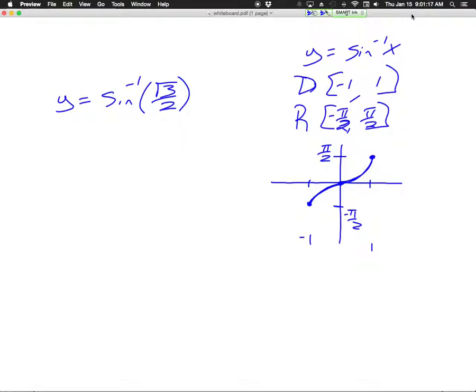What are we going to look for? We're going to look for sine, and we're going to look for square root of 3 over 2, and we're going to figure out what angle matches those two. So what angle matches it? Pi over 3. So my answer would be pi over 3. Okay, let's try another one.